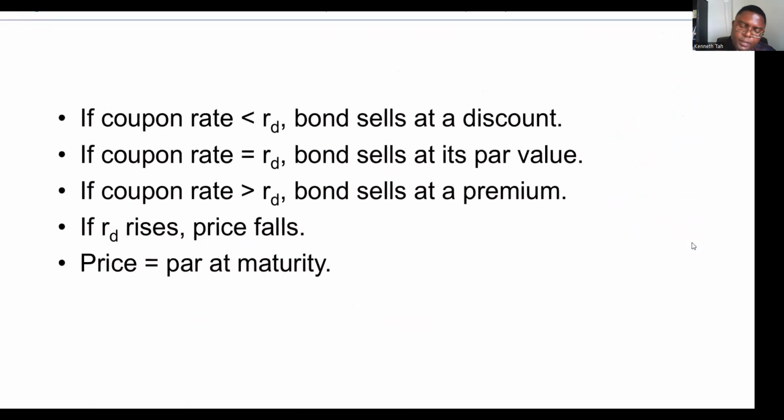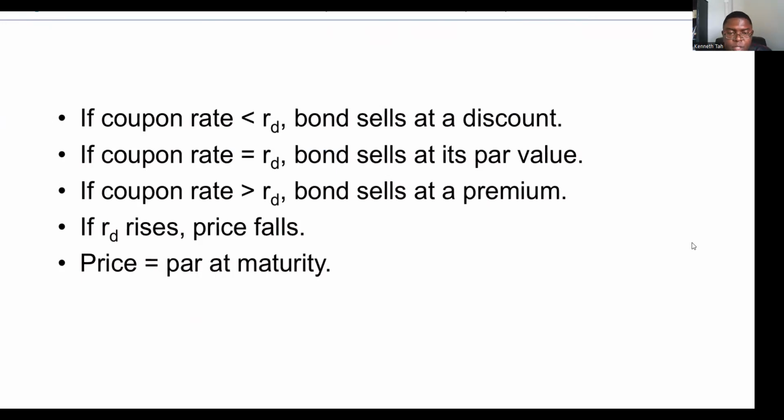All right, so some of the things we have established: if the coupon rate is less than the yield to maturity, the bond is going to sell at a discount. True. If the coupon rate is equivalent to the yield to maturity, the bond is going to sell at its par value. True. If the coupon rate is greater than the yield to maturity, the bond is going to sell at a premium.